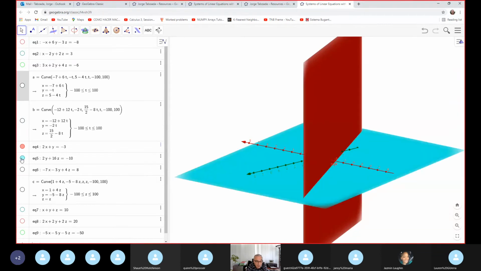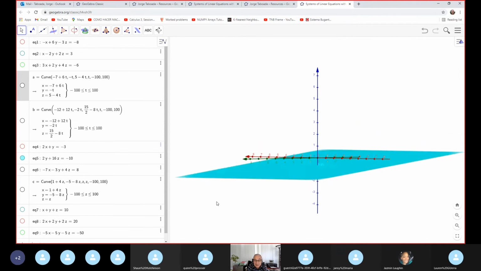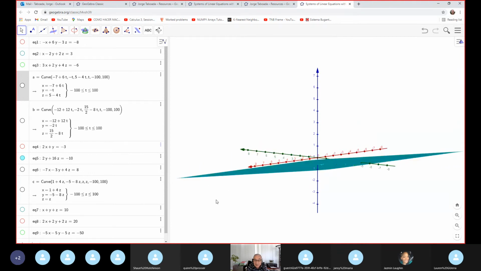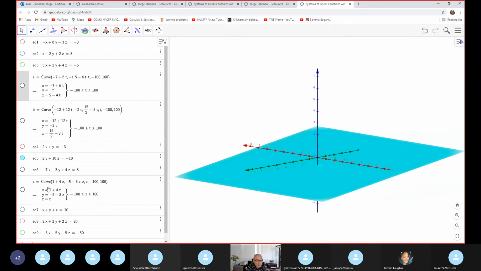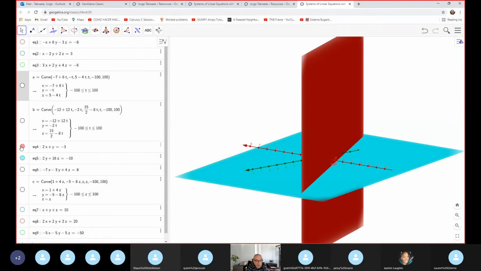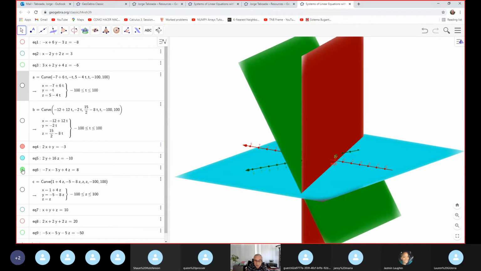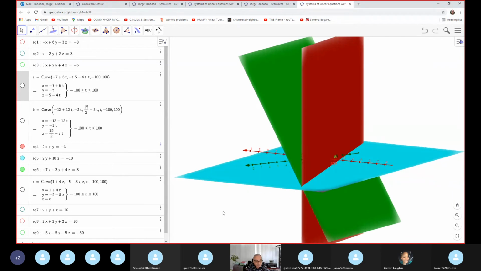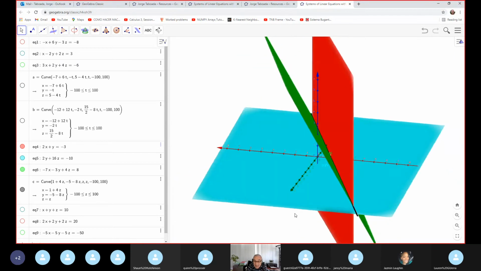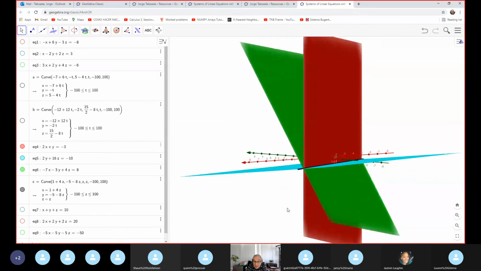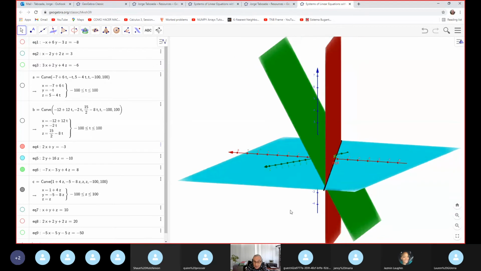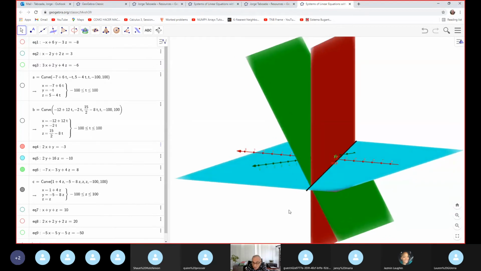In this case, this plane is parallel to the x-axis. Look. Bang. And this one is oblique. However, the curve, which is the intersection, is one line, a common line, connecting 3 planes.